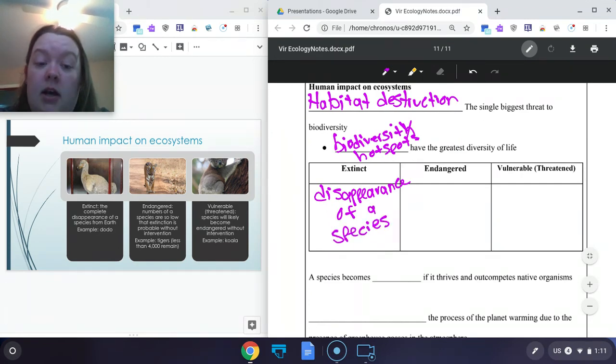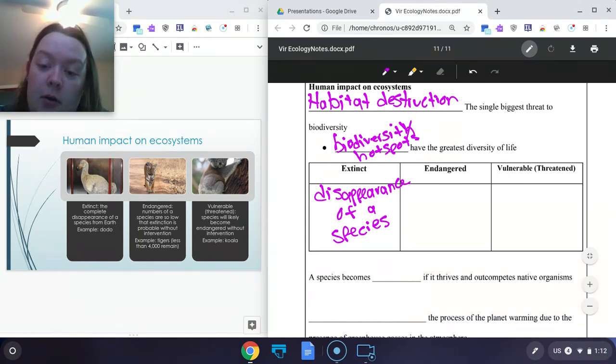A lot of different species are at risk for this. An example of an organism that's gone extinct would be dinosaurs, the woolly mammoth. The dodo is an example as well. Just prior to an organism going extinct, they're considered endangered, which means that the number of organisms of that species alive is very, very low. So low that extinction is probable unless there's some type of intervention made to help the numbers grow.